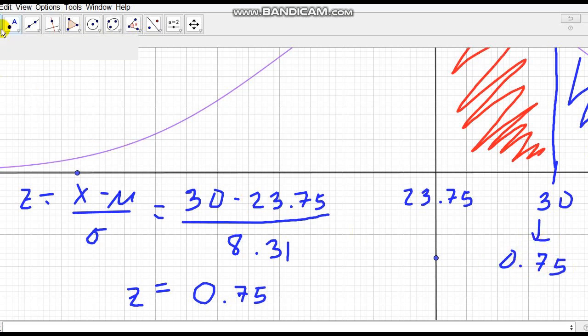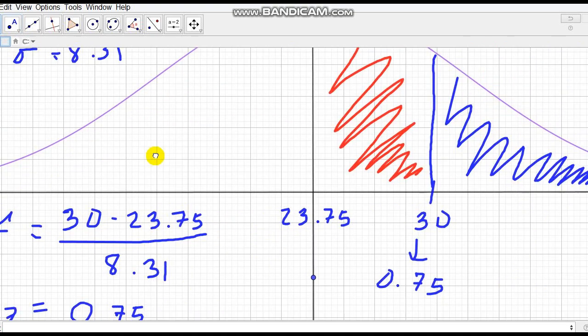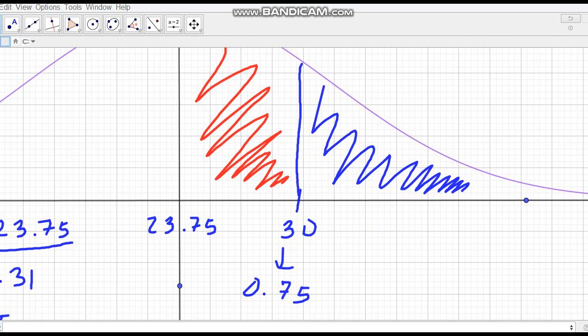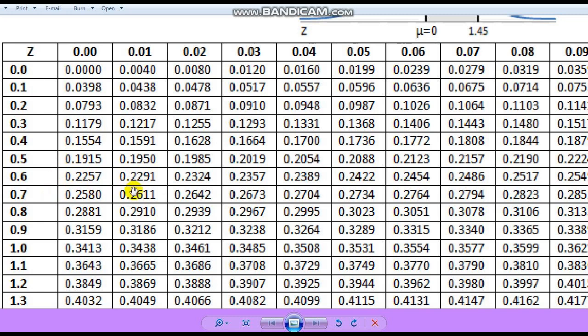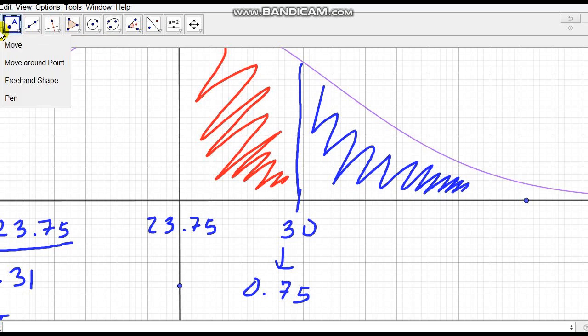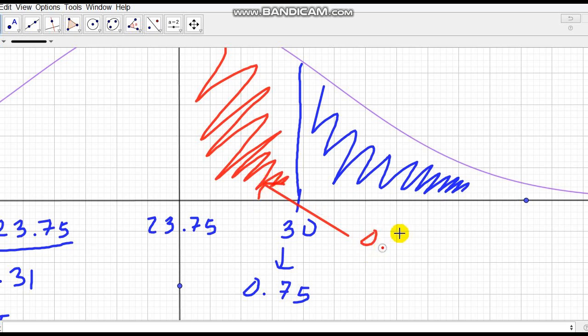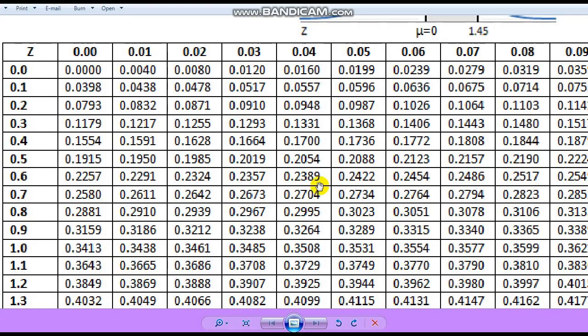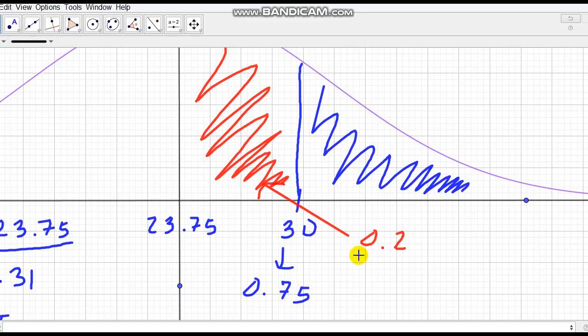Let's look at that one in the table of areas under the normal curve. So this is 0.75. This one is 0.2734. So this means that the red area is 0.2734.